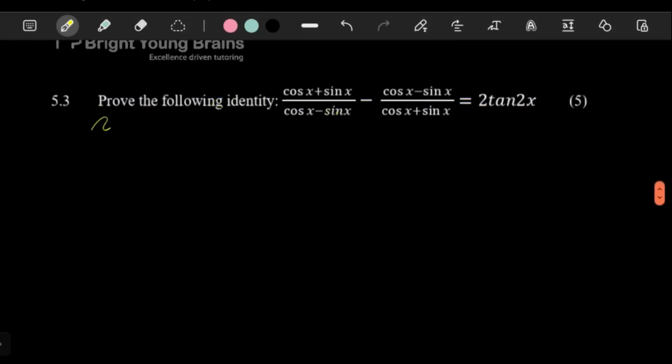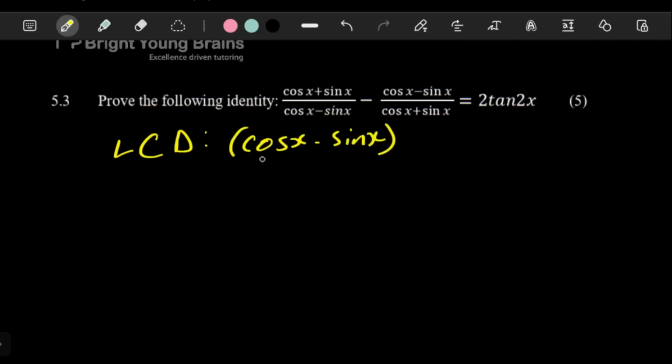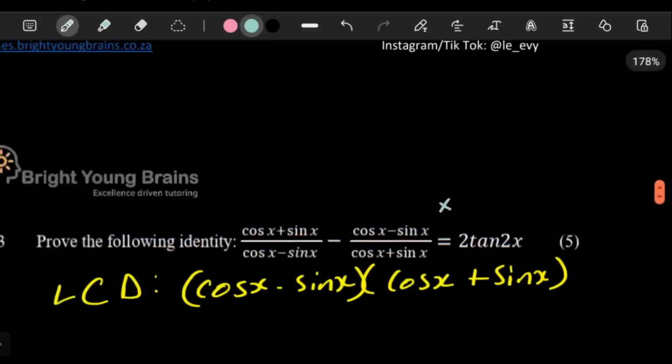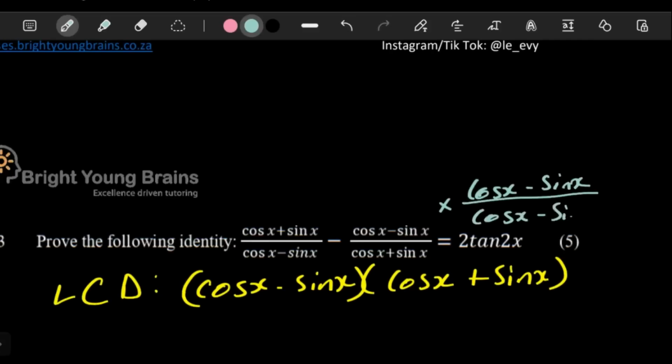So let's see here, LCD. The LCD, clearly, is going to be this thing times that thing. So it's going to be cos x minus sine x, and then cos x plus sine x. Now, this thing here, you're going to multiply by cos x minus sine x over cos x minus sine x.